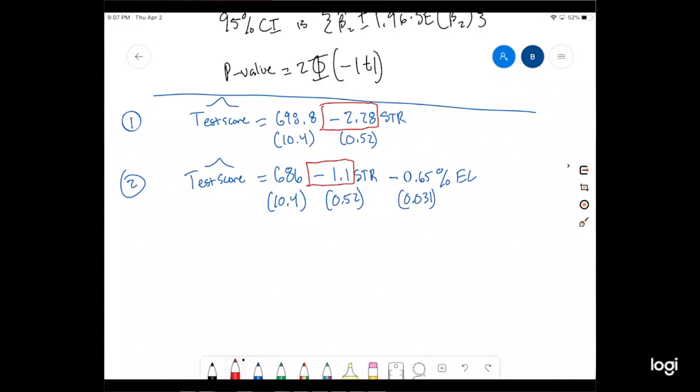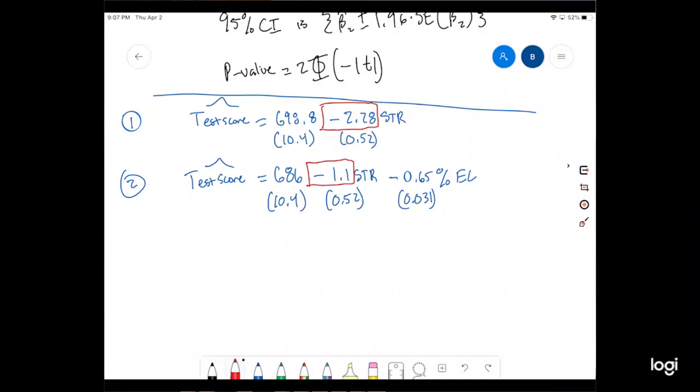Remember the story about omitted variable bias? Percent English language learners is left out of equation 1, meaning that it's an omitted variable that could be causing bias in our coefficient estimate. If percent English language learners is correlated with student-teacher ratios, that would violate OLS assumption 1, meaning that the coefficient of negative 2.28 in model 1 is biased.